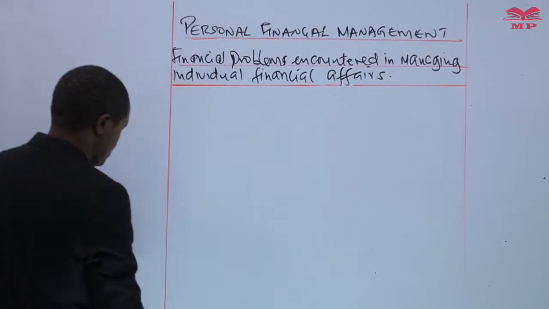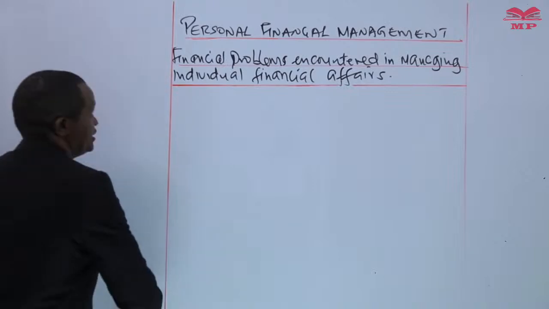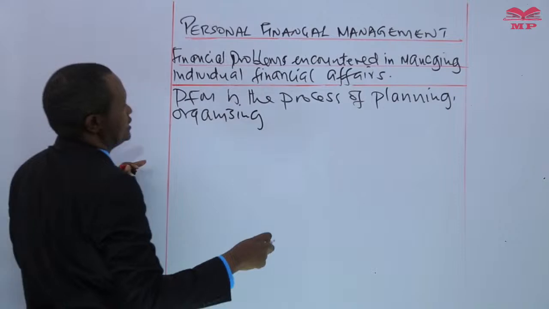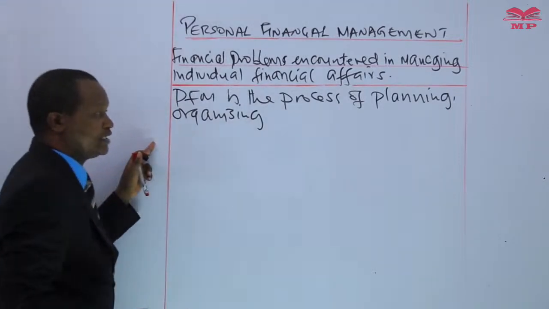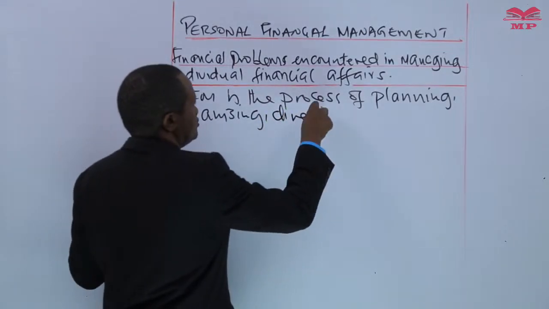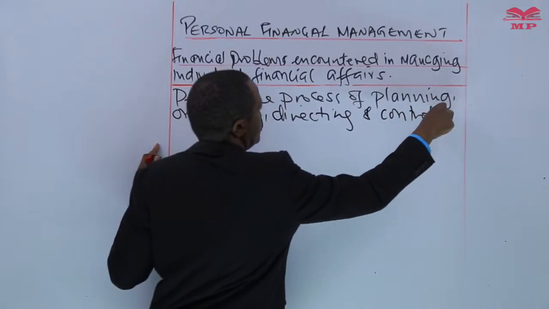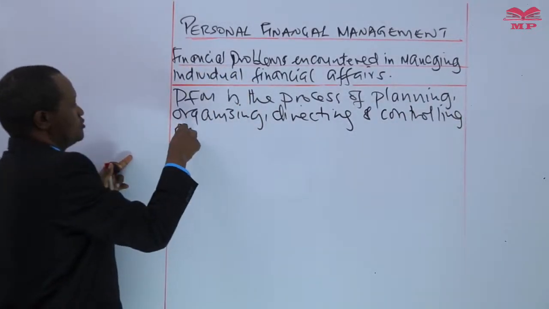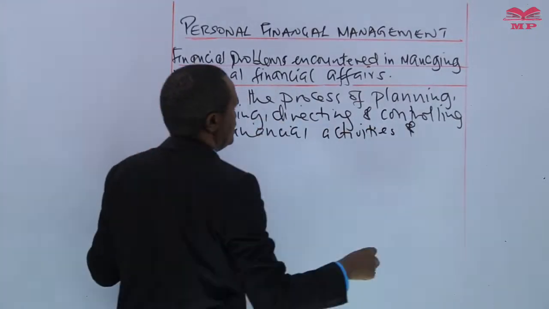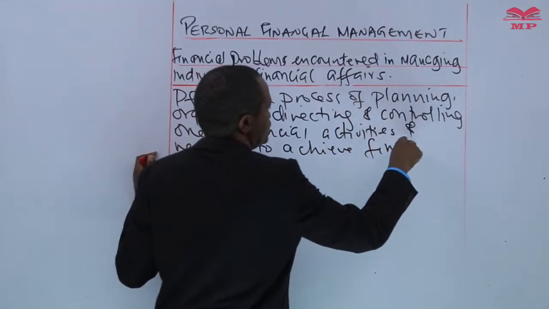Personal financial management can be defined as the process of planning, organizing, directing, and controlling one's financial activities and resources to achieve financial goals.